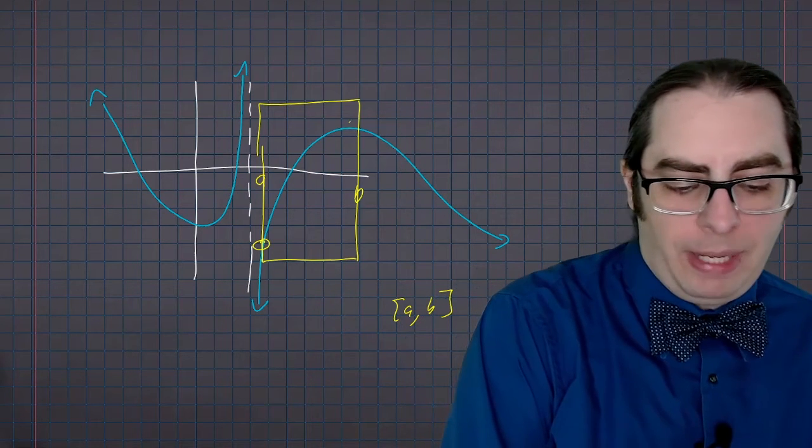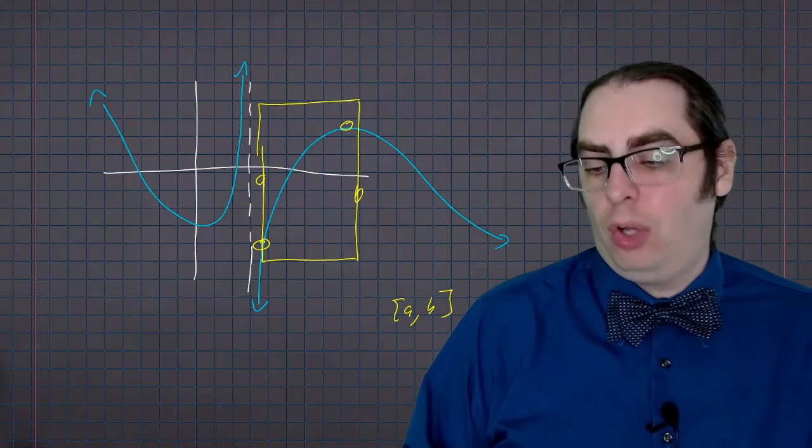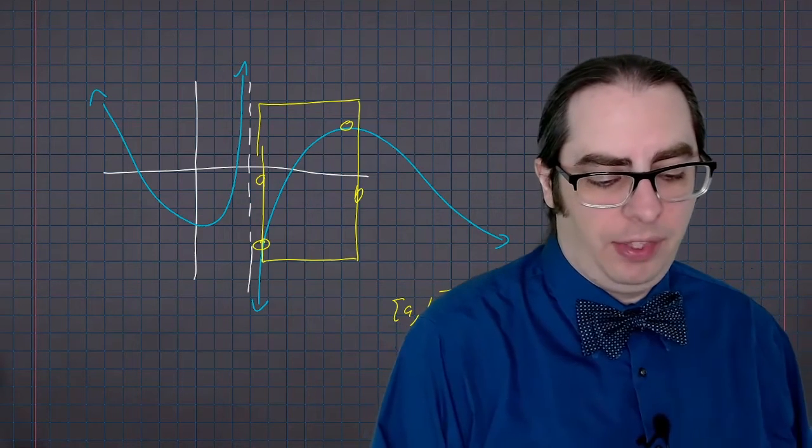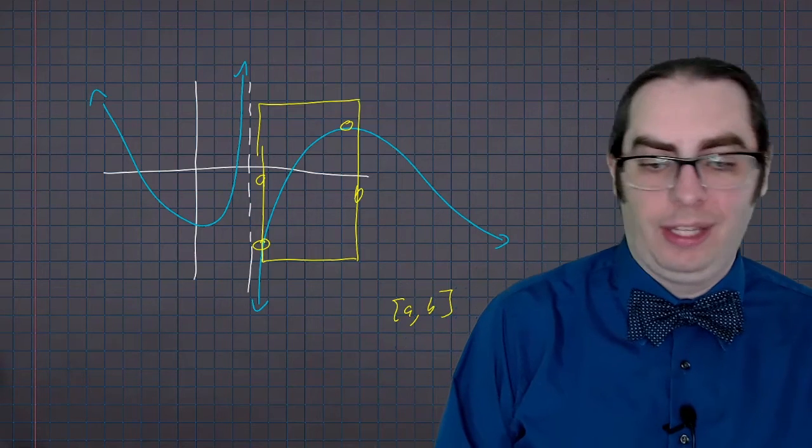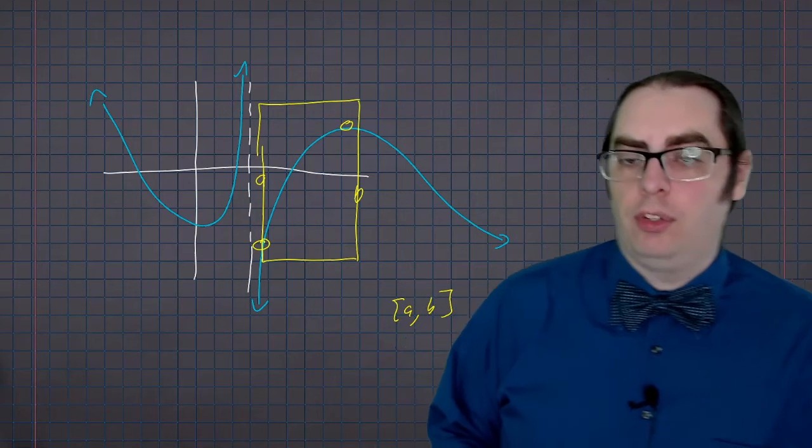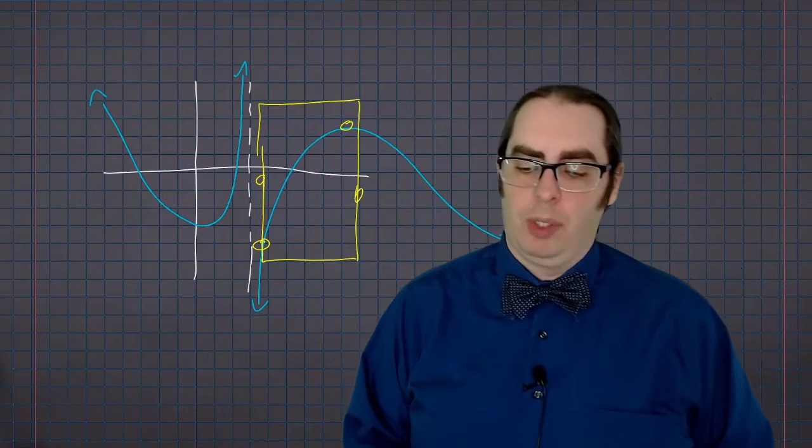The absolute maximum is also the relative maximum because I cut this so that the relative maximum was still in there. Right, so there's a visual idea of what's going on.